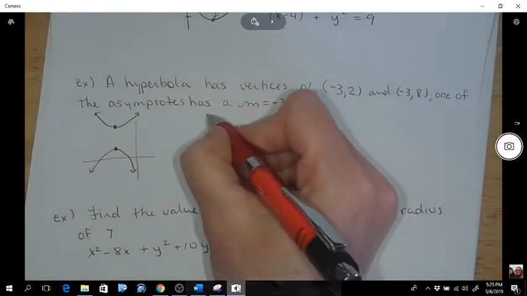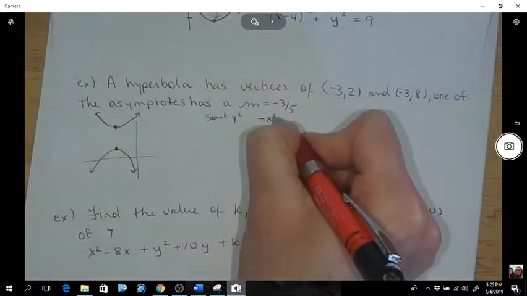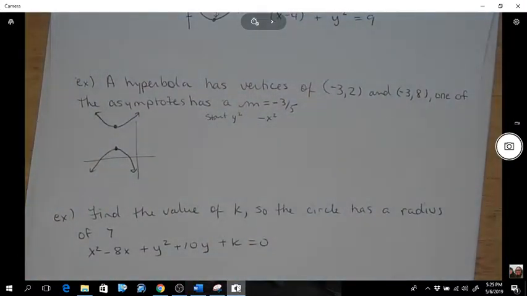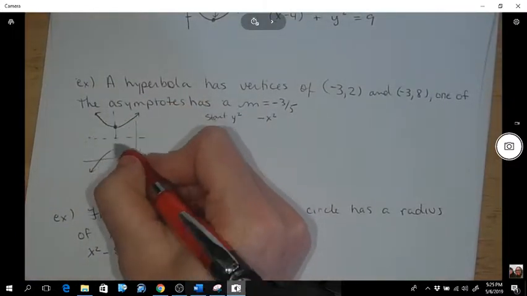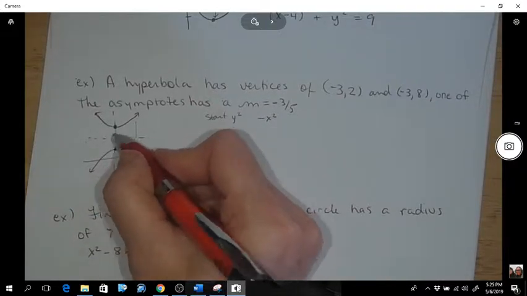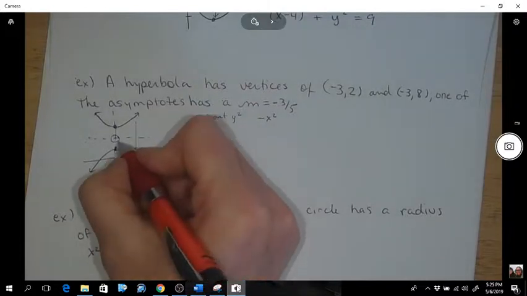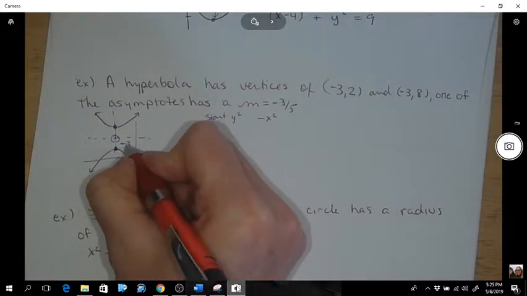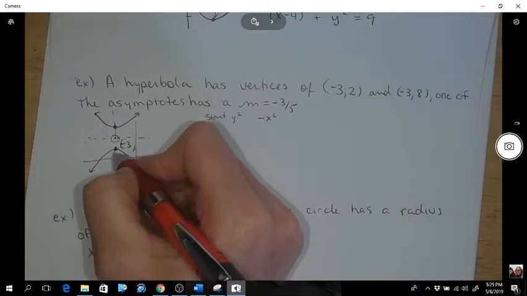So I know it's going to start with the y squared, and then it's going to subtract the x squared part. Okay, and should we talk about the center? How am I going to get that? So the center, okay, it's going to have an x value of -3, and then halfway between the 8 and the 5.